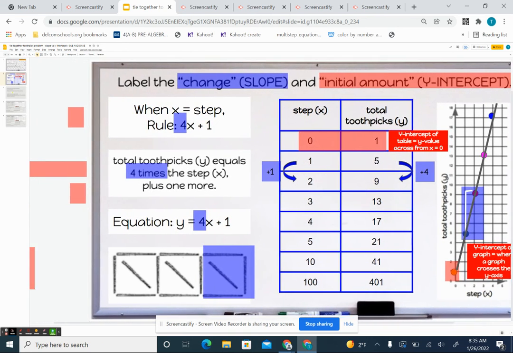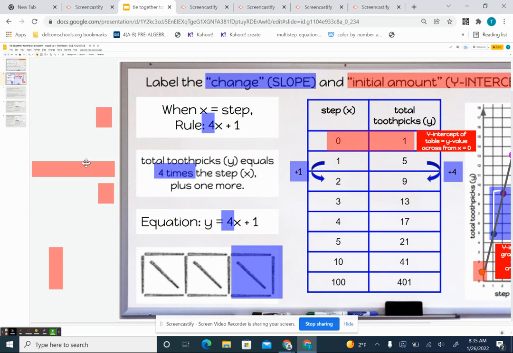And on the left side of the slide, in my rule, the initial amount, or y-intercept, is always after the slope and the variable x. We're using x for today anyway. So the y-intercept is after the slope and the x. Same with the equation. The initial amount is after the slope and the x. There's my positive 1.